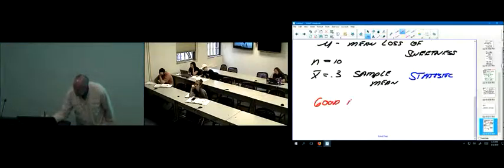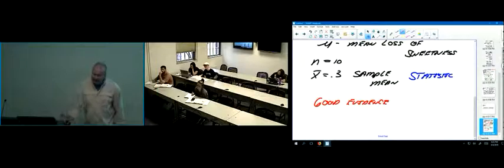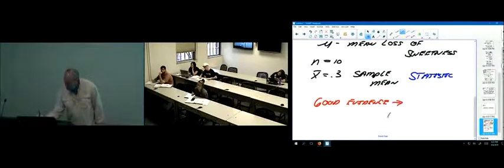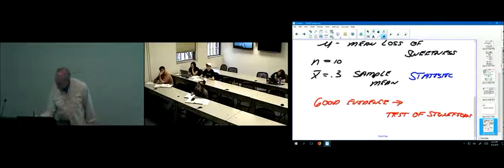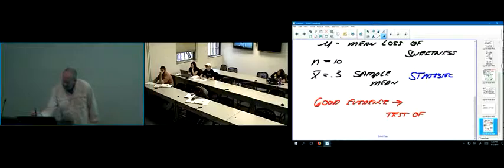It says, and the magic words are, good evidence means, and you got to be wondering why that makes a difference. Well, I'm trying to keep things separate for you.